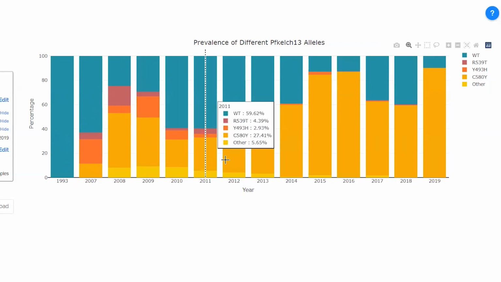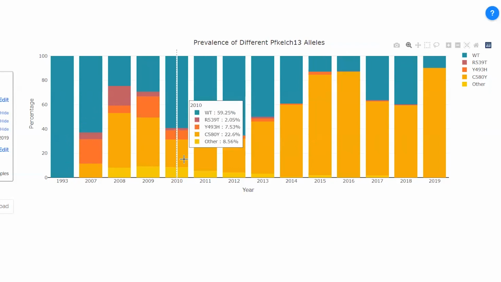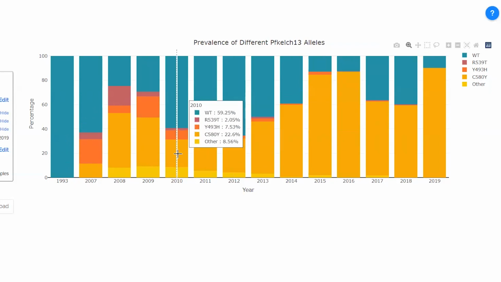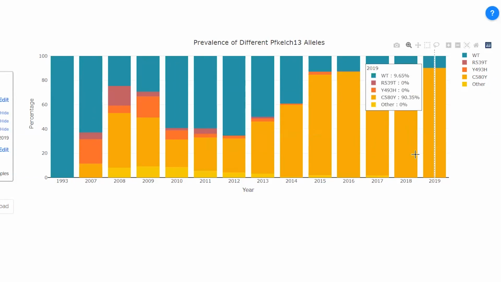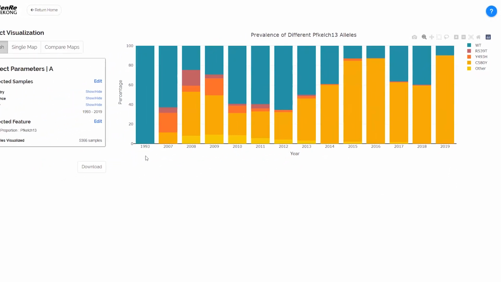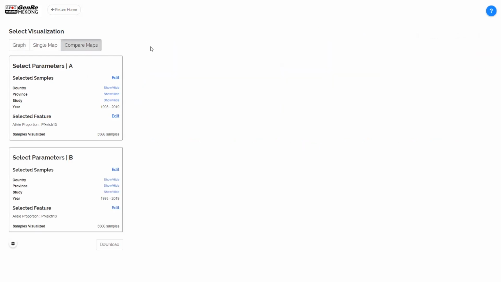And here we can see the expansion of the C580Y Kelch allele from 2010 to 2019.